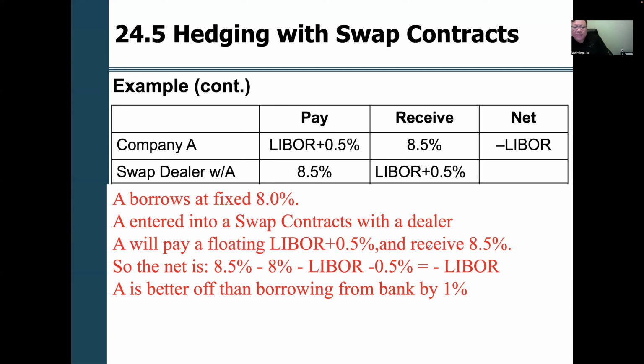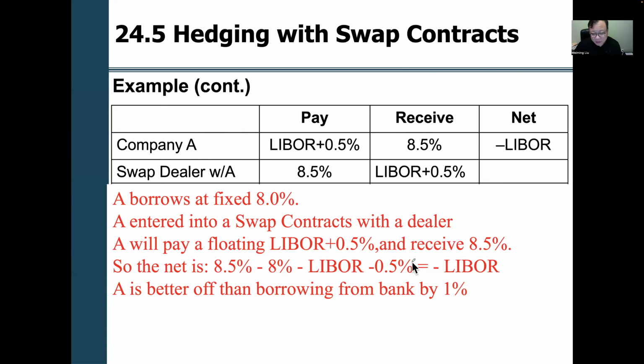So what is the net company A is paying? Company A received 8.5%, and he's going to use that to pay the 8% he borrowed. And company A also needs to pay the swap dealer LIBOR plus 0.5%. So let me show you, I'll use a different color.